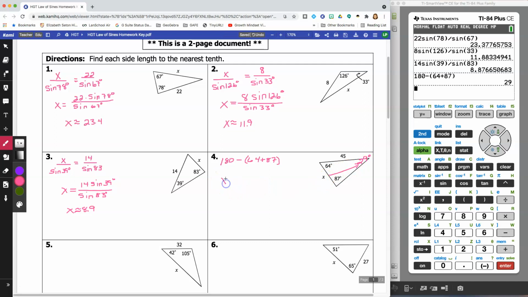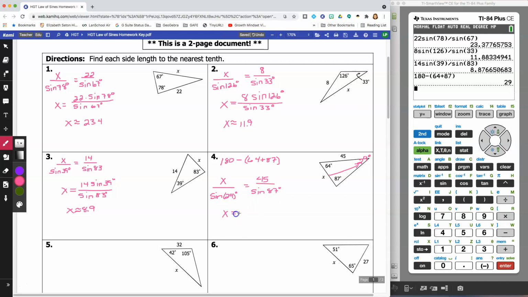So my equation to solve for x is x divided by the sine of 29 degrees is equal to 45 divided by the sine of 87 degrees. Now I'm going to multiply both sides times the sine of 29 degrees.